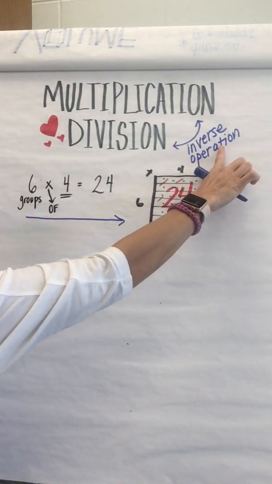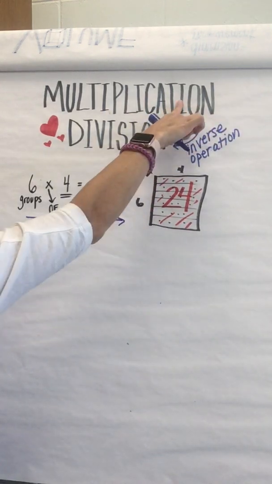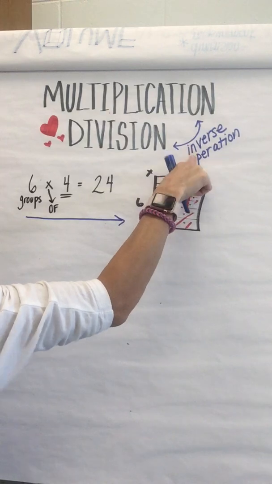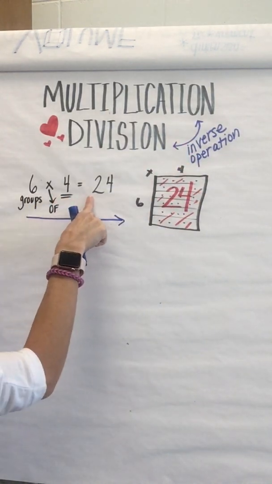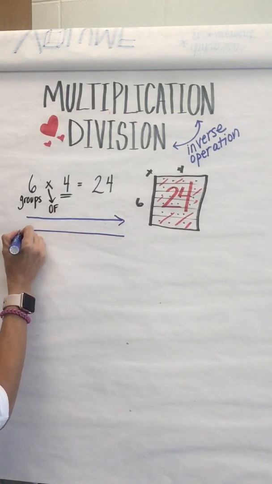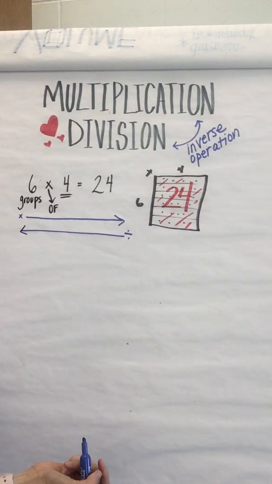So that was using multiplication, but how can I use that to better understand division now? They're the inverse operation. So if I go this way for multiplication, then for division I can read it that way.